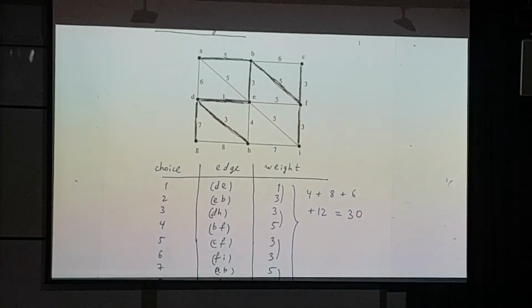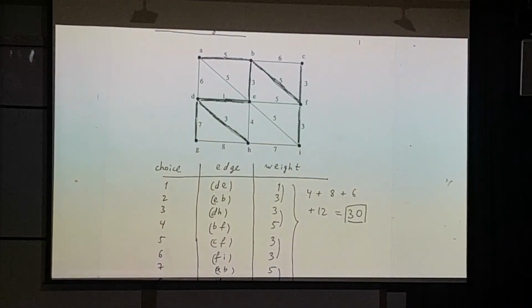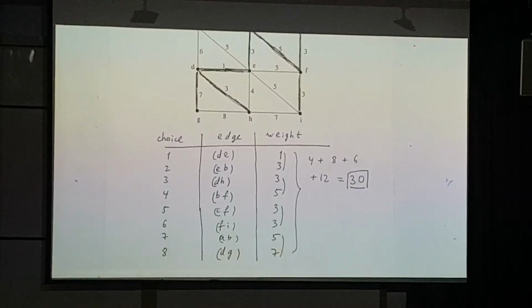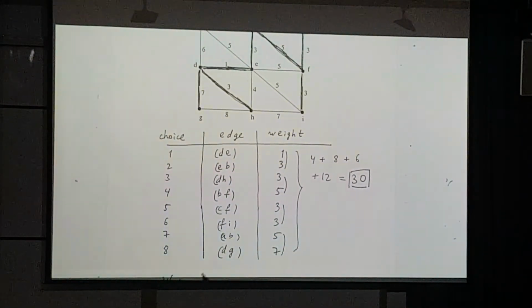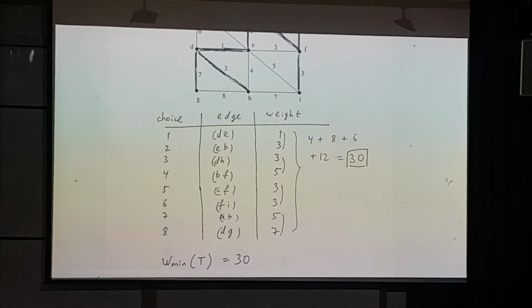So this number is actually independent of any choices which we made. Right? So that's the minimal possible total weight. It's guaranteed by the algorithm. Okay, so we can write that W min, the minimal weight of the spanning tree, is equal to 30.